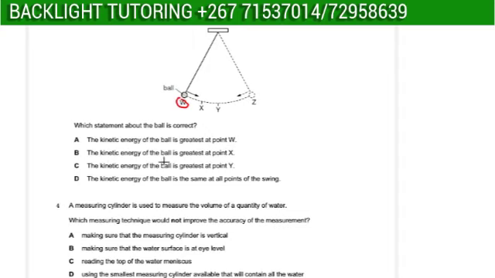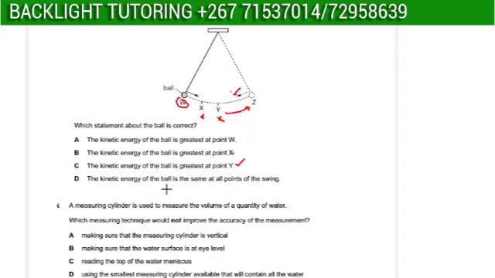The kinetic energy of the ball is greatest at point X. Here it starts to gain some movement and speed. At Y, that's where the speed is, so the kinetic energy is high here. And then as it goes to Z, it will encounter some air resistance.